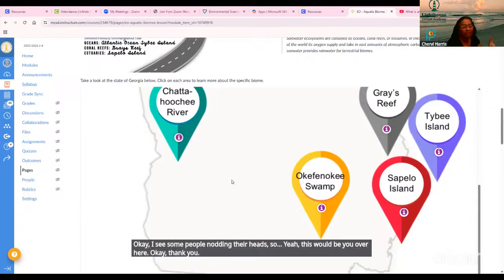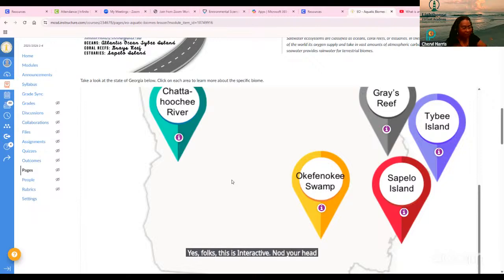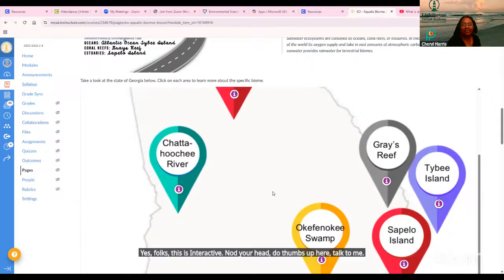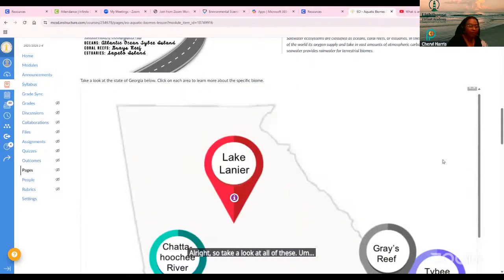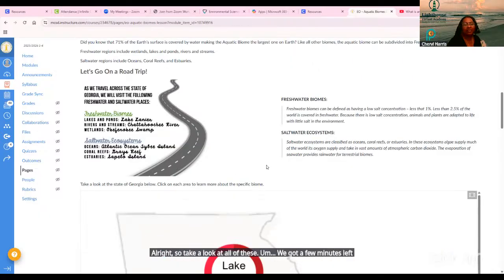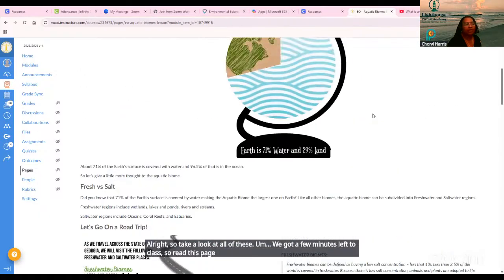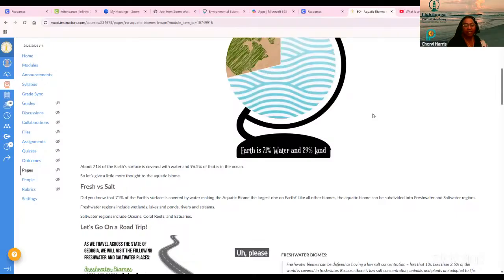Yes, folks, this is interactive. Nod your head, do thumbs up here, talk to me. All right, so take a look at all of these. We got a few minutes left to class, so read this page over. If you have not finished your other activity, please use that time to make sure that's in.